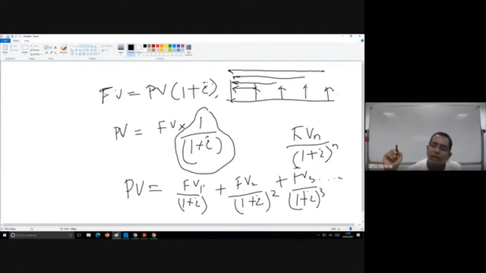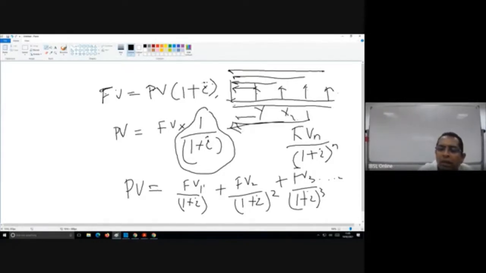So when we want to get everything together, like year 1, we bring it here. Year 2, you bring it here. Year 3, you bring it like that. You bring everything. So that is called the total present value, equals sigma of future value n divided by 1 plus I to the power n, right?